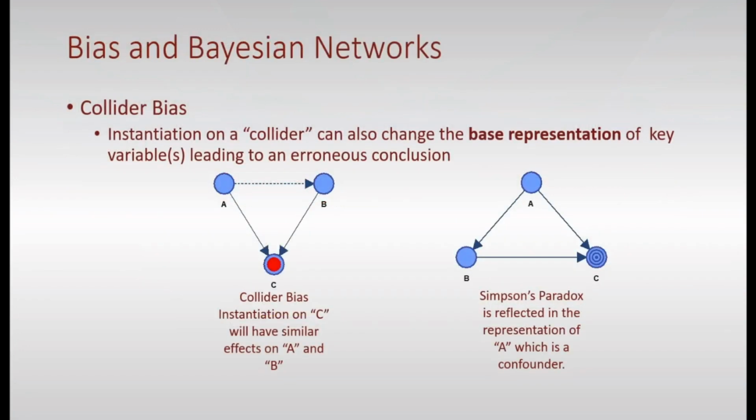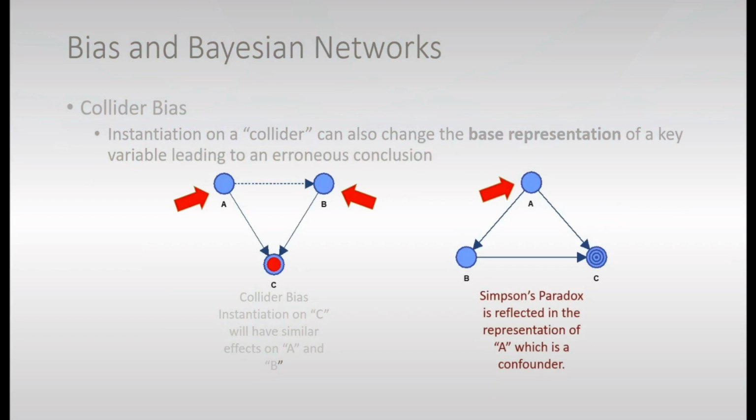Now, collider bias occurs when you have two diagrams here. So we have collider bias, which is on the left, and Simpson's paradox on the right, which we just talked about. In this case, when you instantiate on the collider, which is C, it can also change the base representation of the key variables A and B. So, in other words, contrasted to Simpson's, when you instantiate on C, you'll start seeing changes in A and B that you shouldn't see.